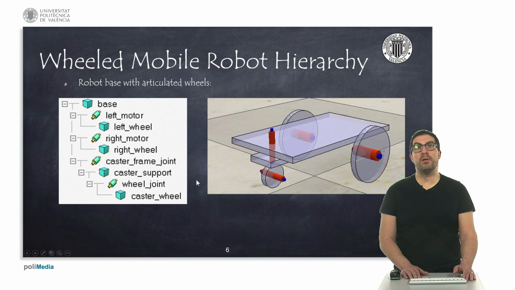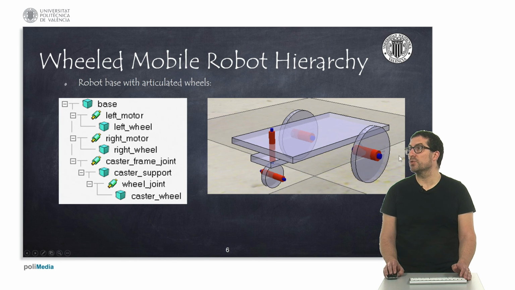In this other example, we will see what we need to use in the case of a wheeled mobile robot. In this case, the hierarchically superior element is the robot base, which is this object here. The base includes two joints corresponding to the left and the right wheel joints, which are this one and this one.